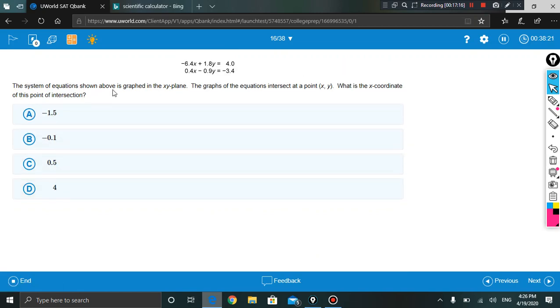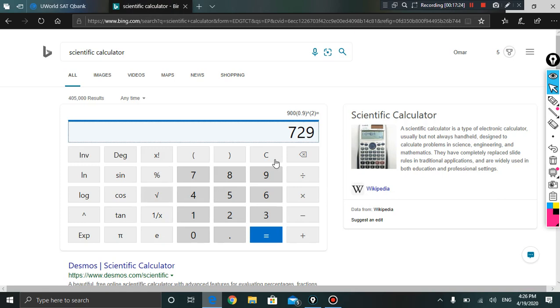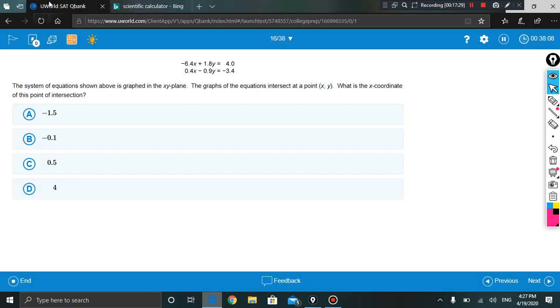The system of equations shown above the graph. Okay, I'm gonna solve this on the calculator. If you have a scientific calculator other than this one, it cannot solve systems of equations or whatsoever. But if you have a personal calculator, and you should have one in the test, you should be able to solve this on the calculator. And that's what I'm gonna do now, so stay with me. I'm gonna solve it on my calculator and then choose the answer.